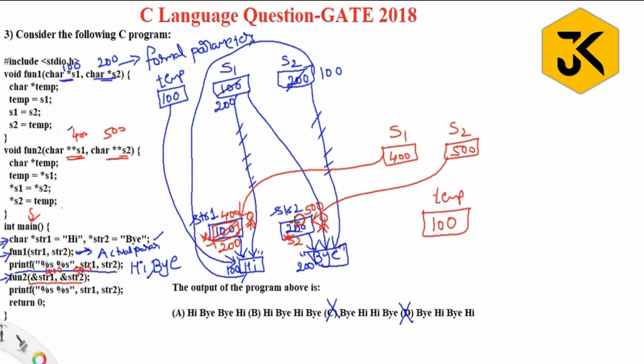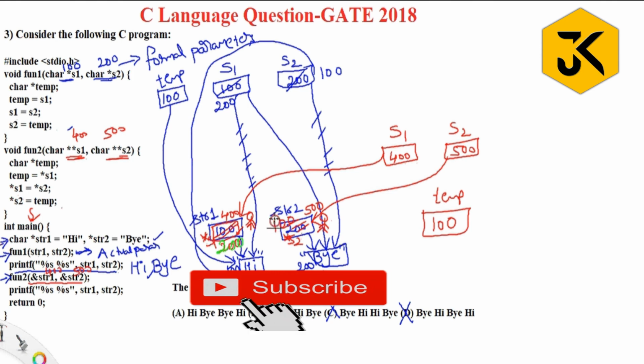*s2 means the inside value equals the temp value. What value am I going to pass here? I am going to copy 100 here. Guys, observe clearly. Here str1 now contains the value 200 and str2 contains the value 100.